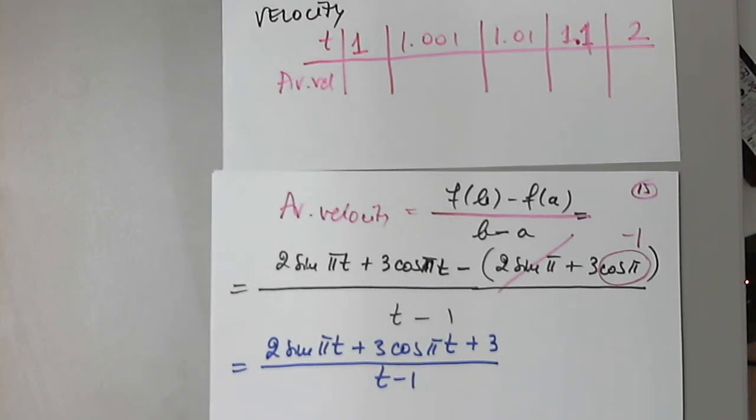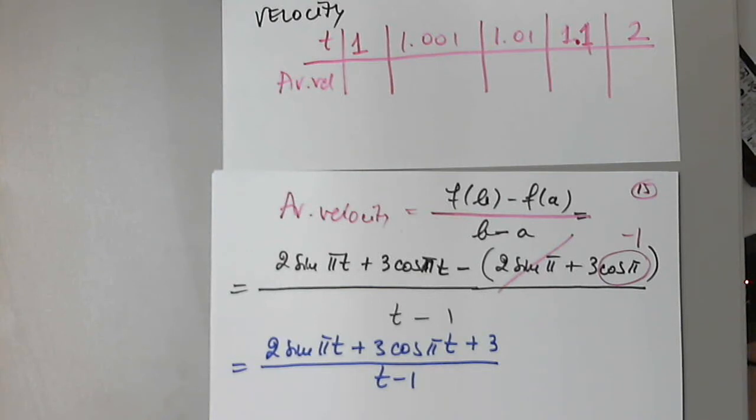So, clear? Now we need parentheses for the top. 2 sine pi x. There is no t in the graphing calculator. I didn't mean that, of course. Sorry. Parentheses. 2 sine pi.